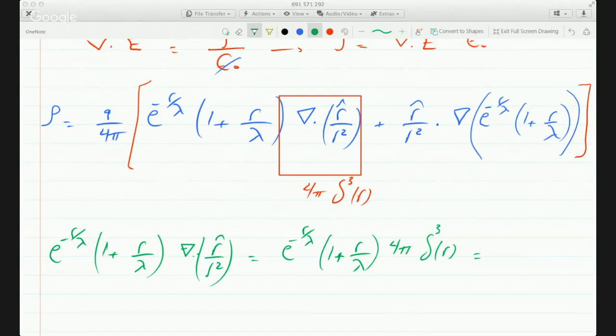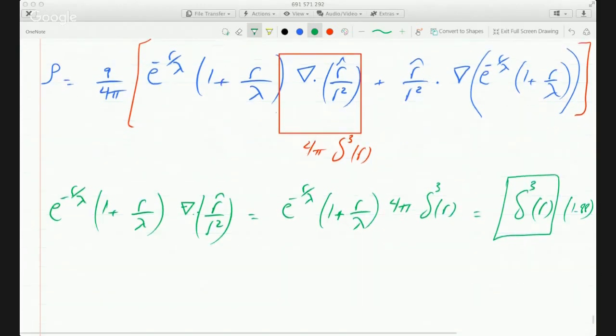At r equals 0, this expression becomes e to the 0, which is 1, and we get 4 pi times the Dirac delta function cubed of r. This is from chapter 1.